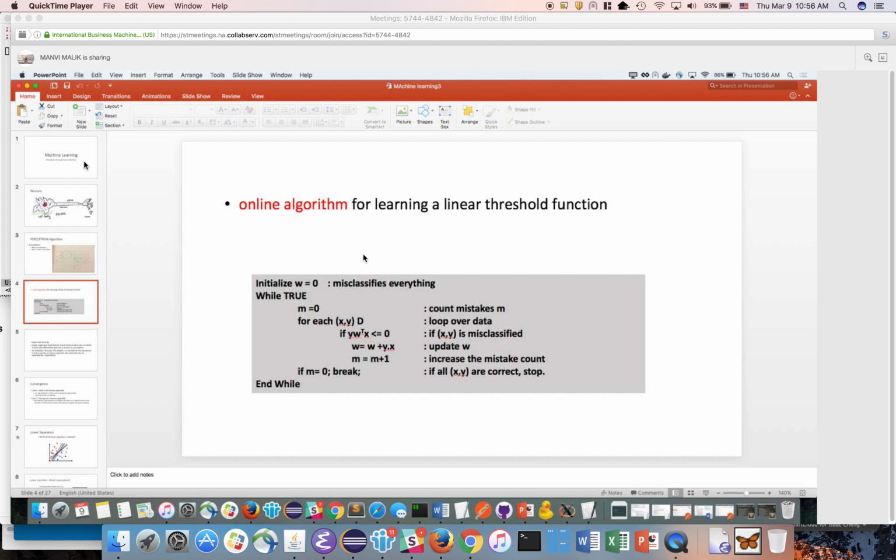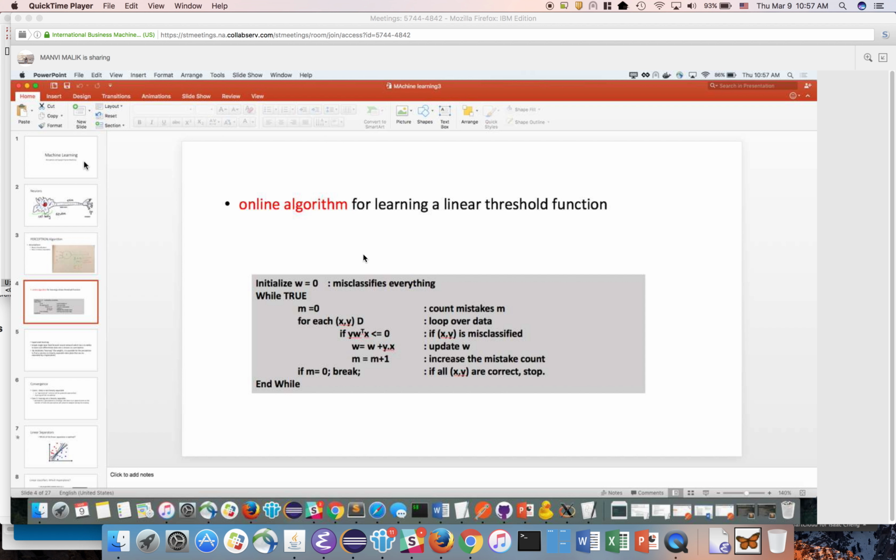So W equal to 0 is the starting point, or is that what you're calling misclassifies everything? W equal to 0 is the starting point. But that does not necessarily mean that it misclassifies everything. It may be a few points, maybe not. If W equal to 0 is the vector, then it will actually not misclassify anything.